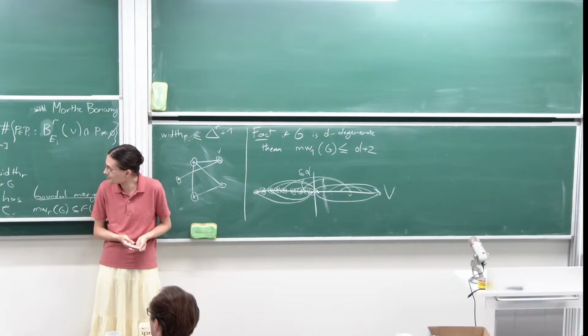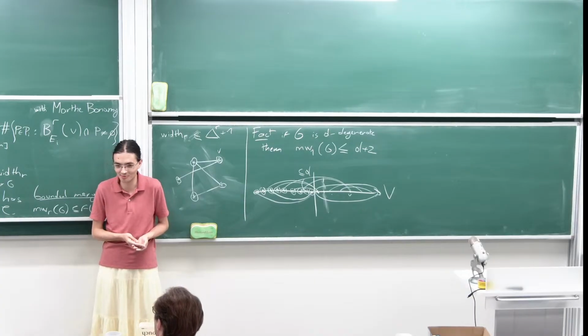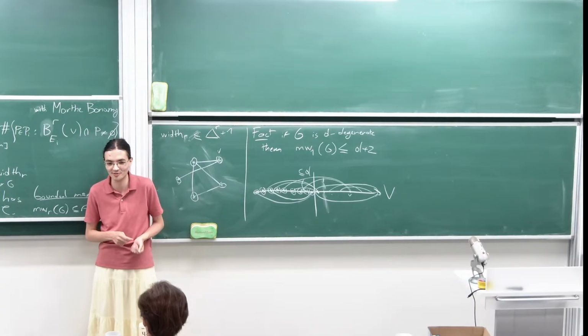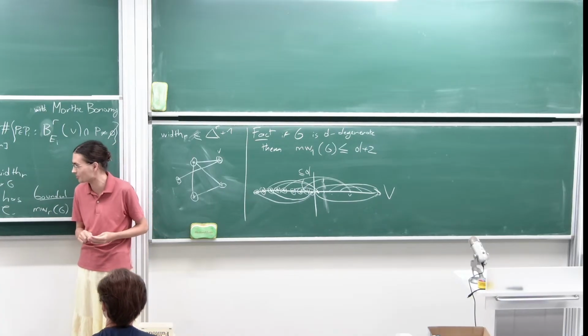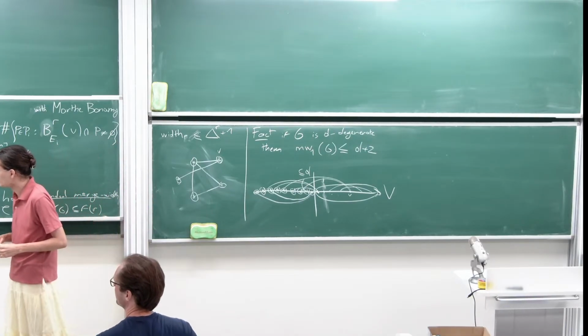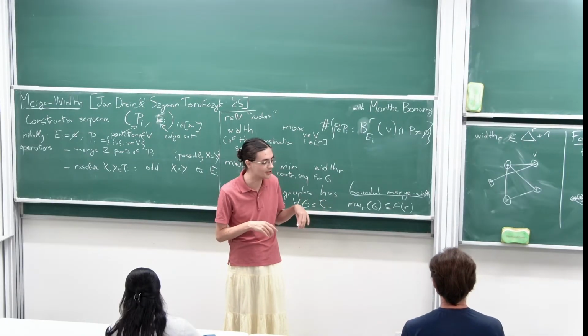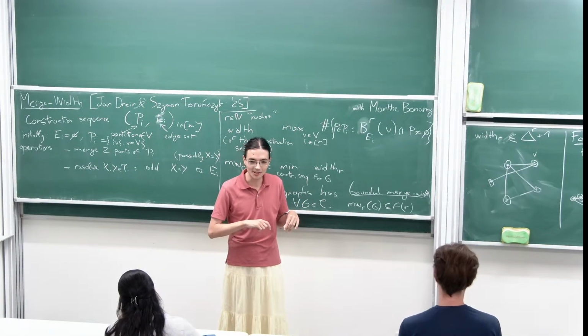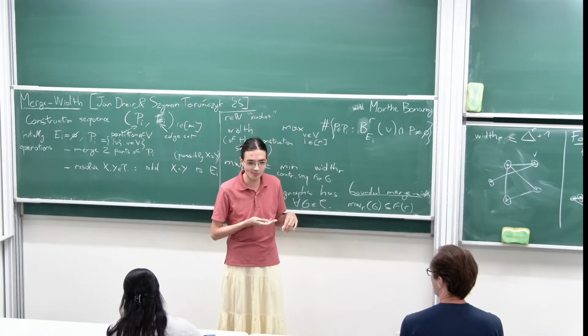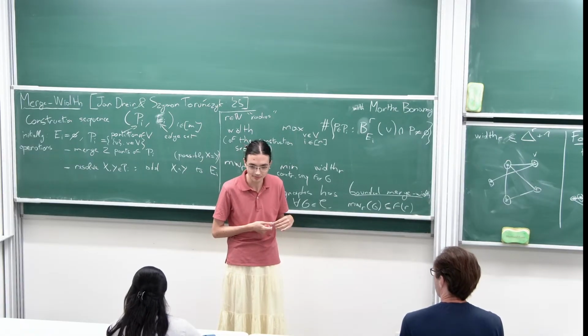With this definition, there's no reason for this to be true, and actually it's possible to prove that this is false. That's not trivial, but if you take a bounded degree graph, merge width is roughly the degree. But if you take the complement of a random cubic graph, merge width will not be bounded.